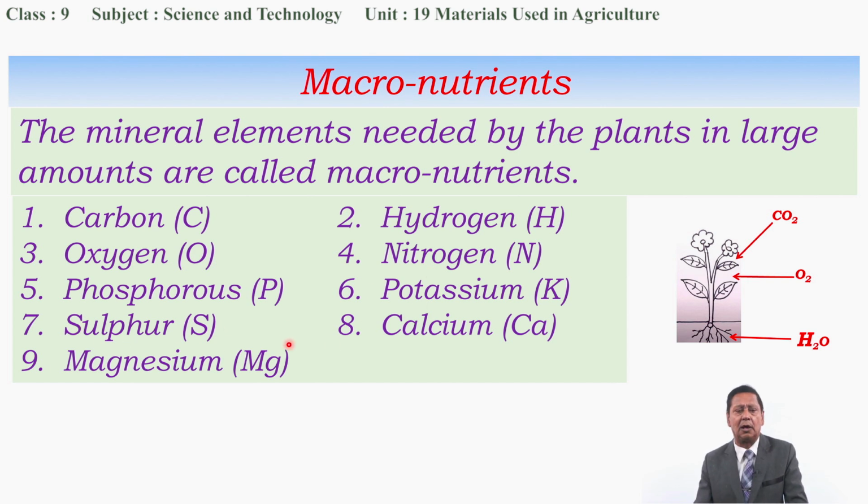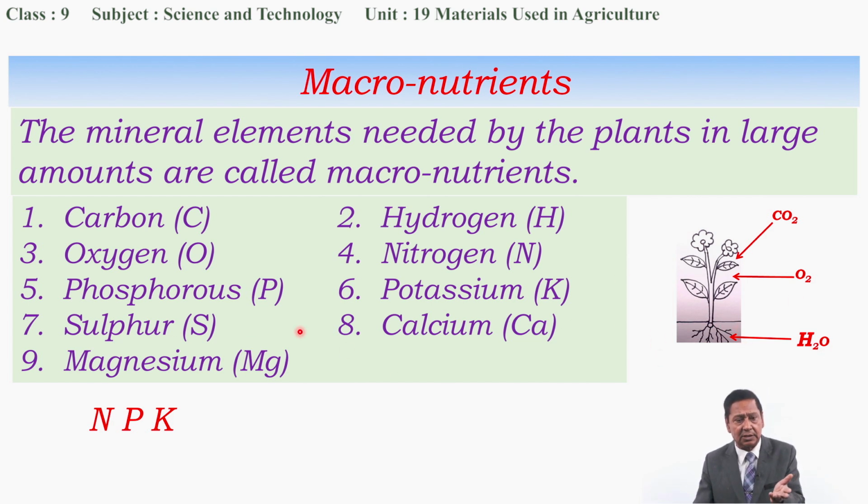There are others also, sulfur, calcium and magnesium, but among the remaining, nitrogen, phosphorus and potassium, we can remember as NPK. N is nitrogen, P phosphorus, K potassium. These three macronutrients are very necessary for the good growth of the plant.